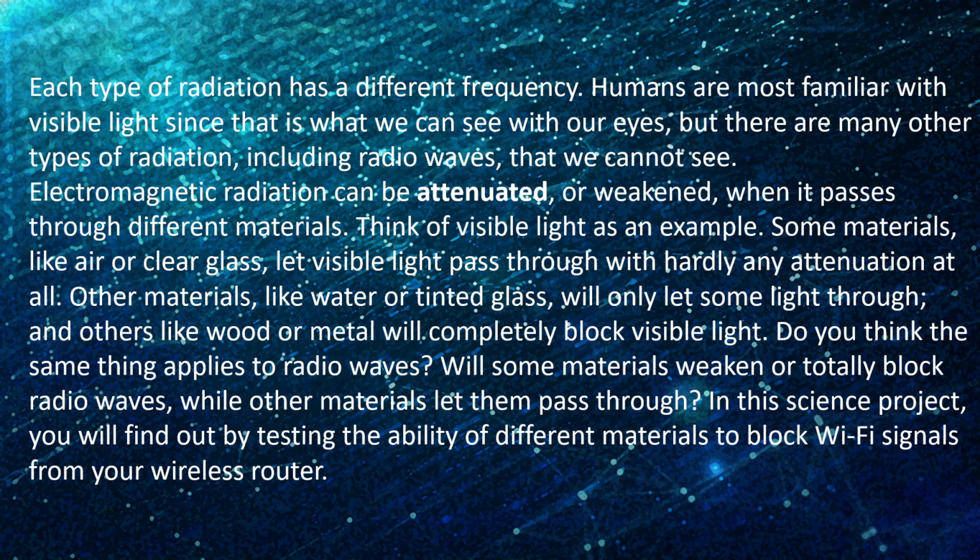But some materials like water or tinted glass will let only a little light pass through them, and materials like wood or metal would completely block visible light. Today, we will find out whether this happens with all waves or not, and we will also test the ability of different materials to block Wi-Fi signals from a wireless router.